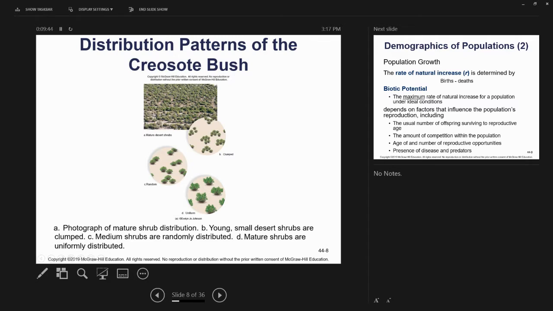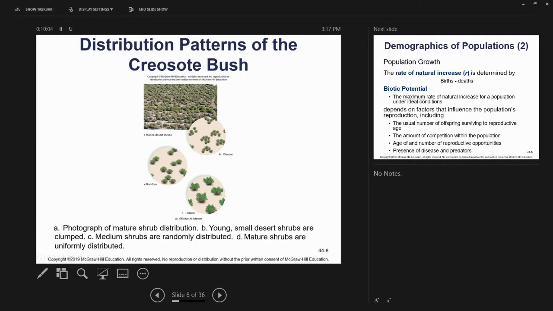What we tend to see is clumped populations. If we're looking at animals especially, we'll see clumped populations where all the organisms tend to live where resources are available. So in the desert, we find populations clustered around where water is available.